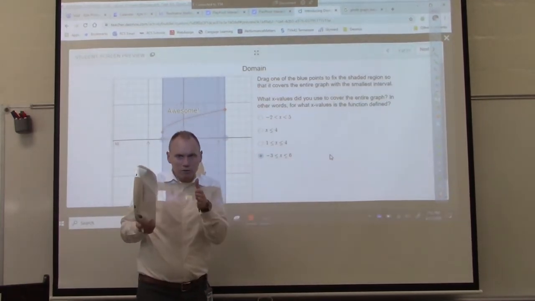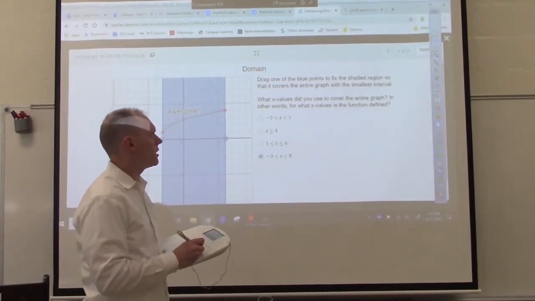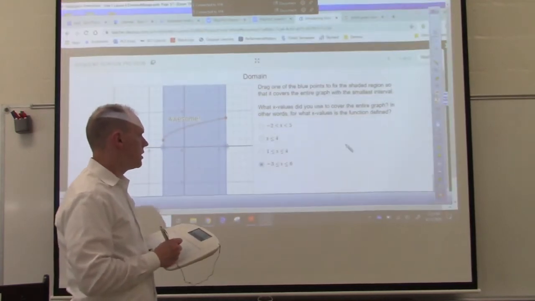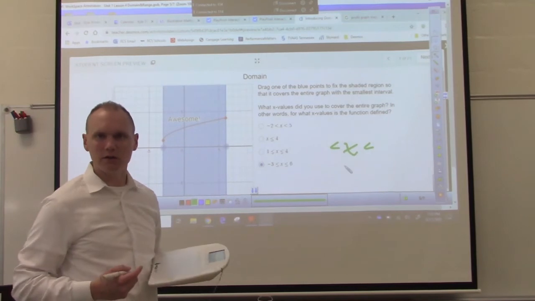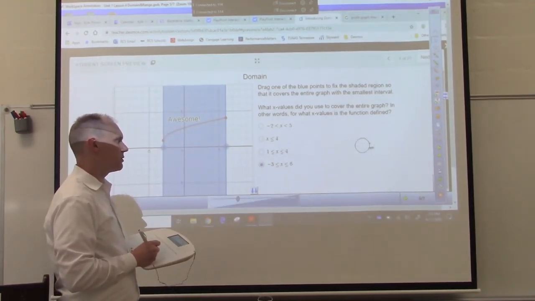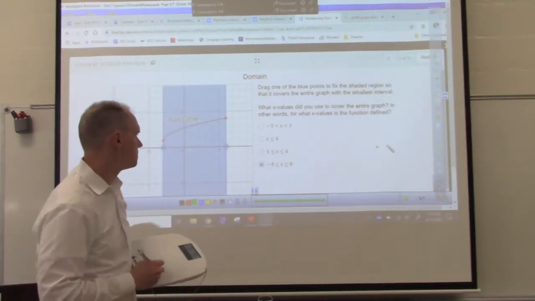So it's sandwiched in between those two. Anytime you want to sandwich a value in between two, you always do less than on both sides, and in this case less than or equal to on both sides. And then you put the values on the outside, and that will sandwich x in between those two.